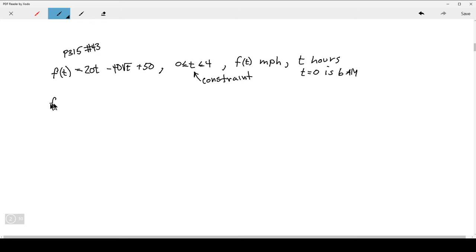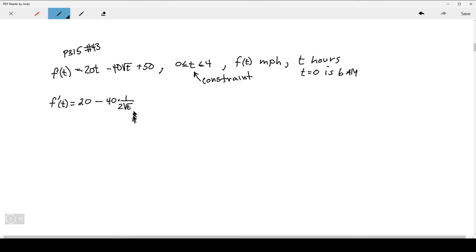So I'm going to take the derivative, f prime of t. The derivative of 20t is going to be 20 minus 40 times the derivative of the square root of t. You guys know how to do this.